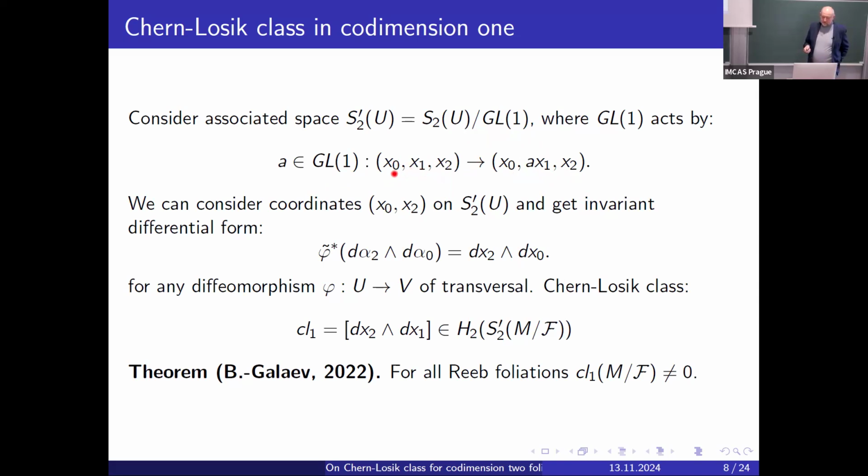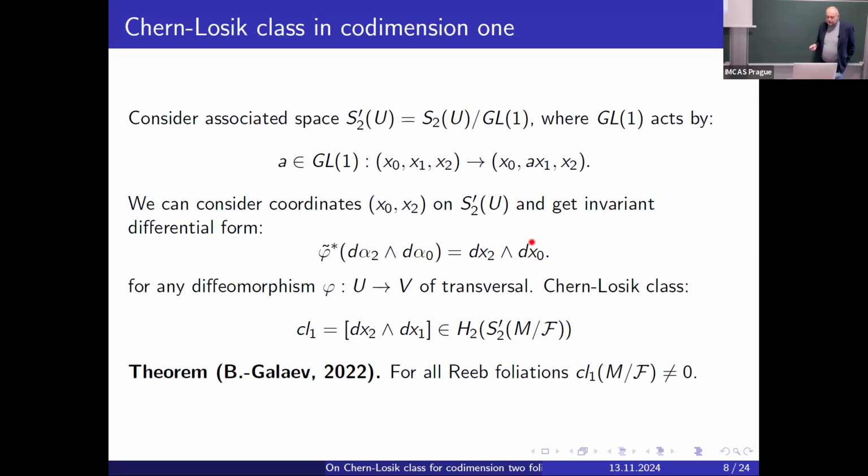So in these coordinates, we see that it doesn't act on x2 and x0. And so after factorization, we have only two coordinates, x0 and x2. And we have a new invariant form, x2, x0.